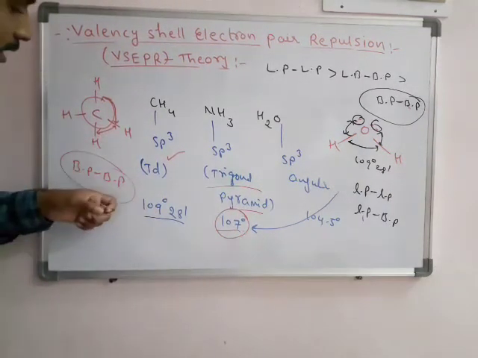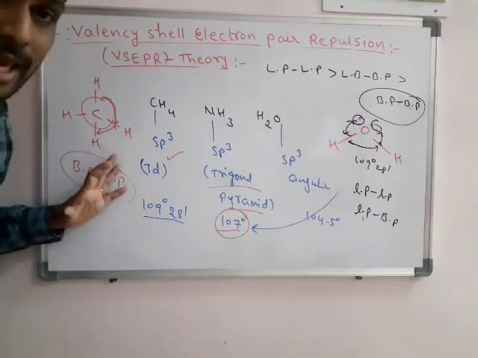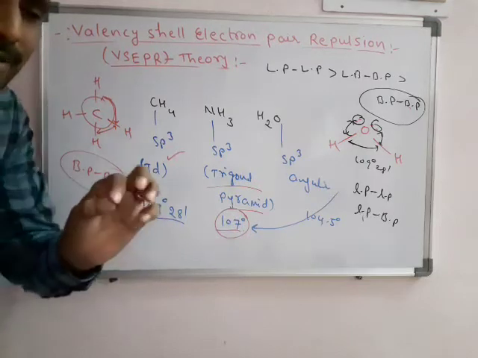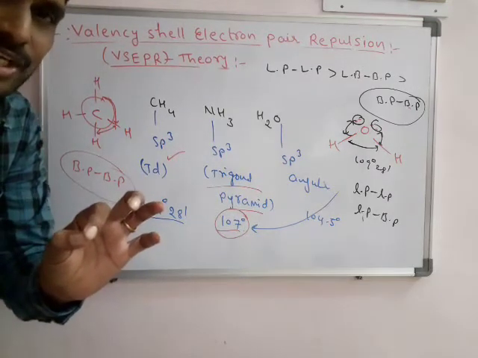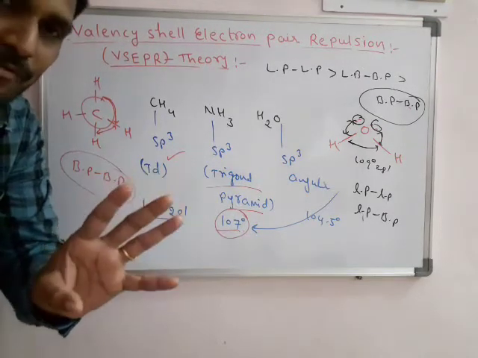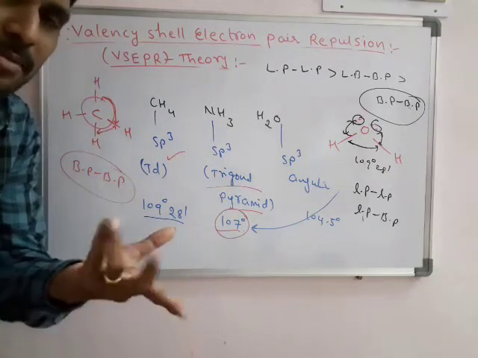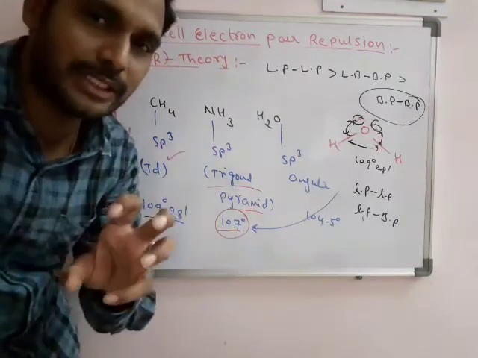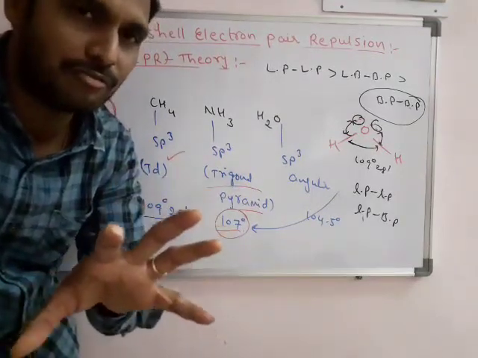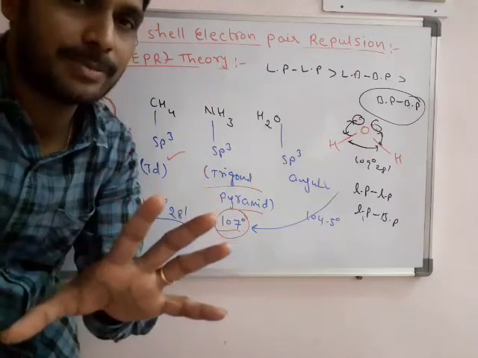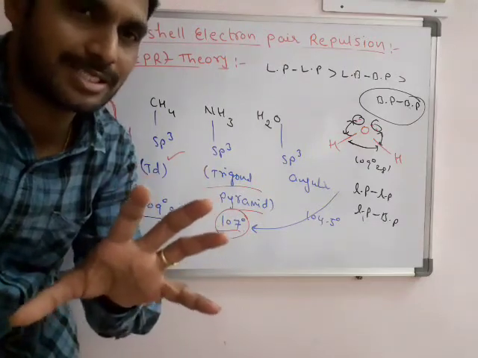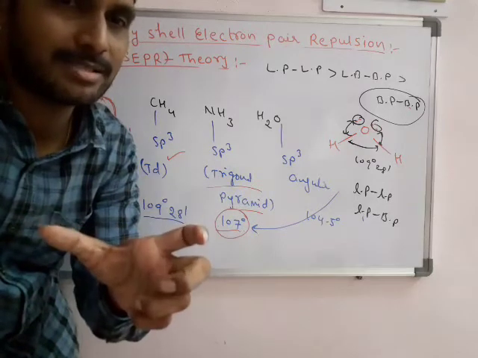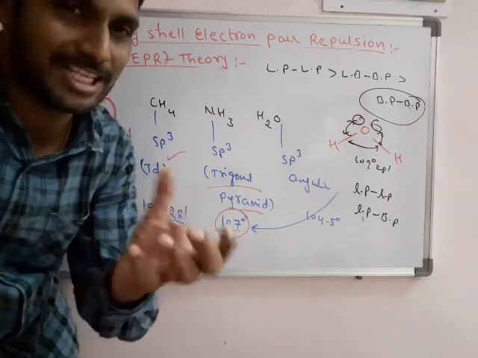The expected bond angle and the experimental bond angle are the same when there are no lone pairs present. But in the presence of lone pairs, a deviation takes place in the shape of the molecule, and the bond angle would change. Now we can conclude that due to the presence of lone pairs of electrons on the central atom, there is a deviation in the shape of the molecule from what is expected.